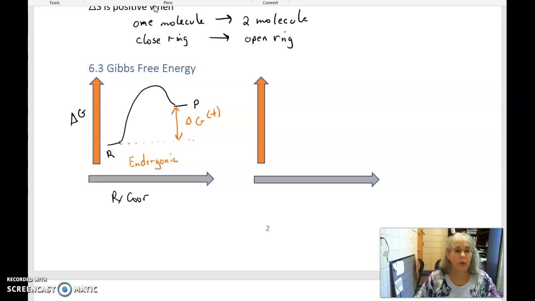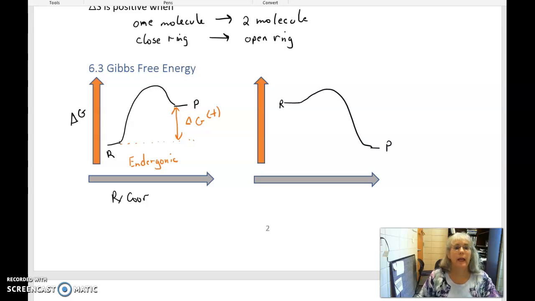We can also have our reactants up here, higher in energy, and our products down here, lower in energy, and we connect them with a little line.